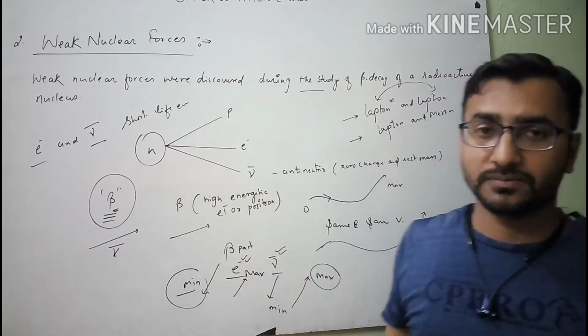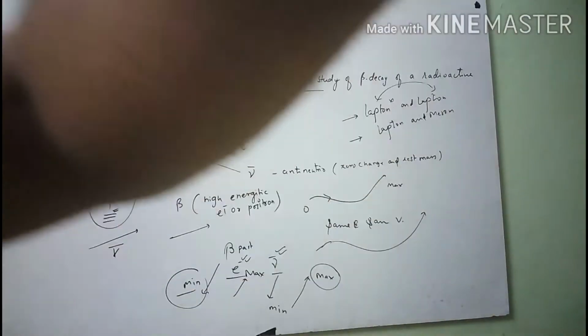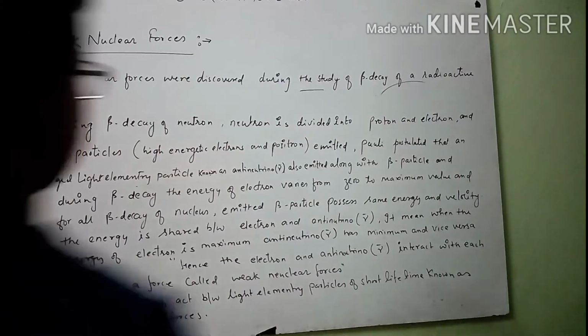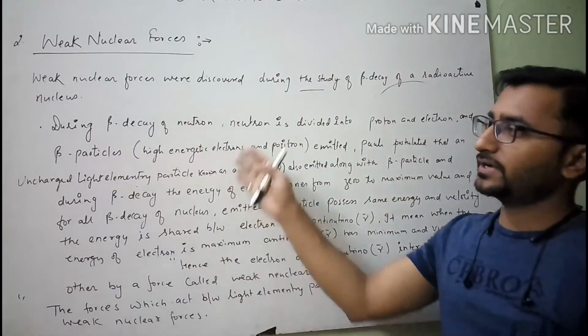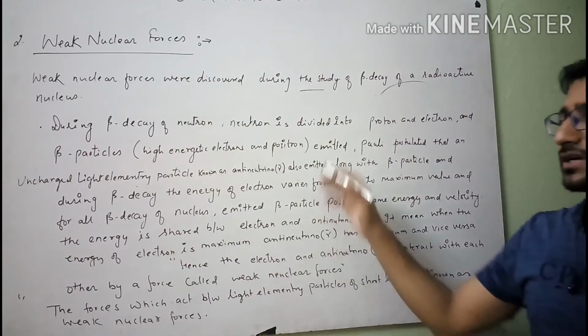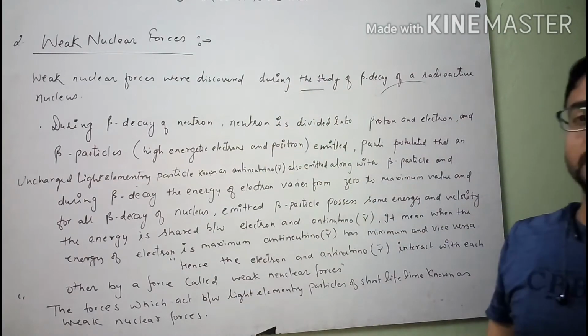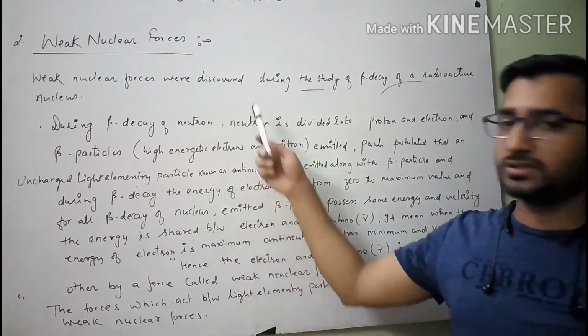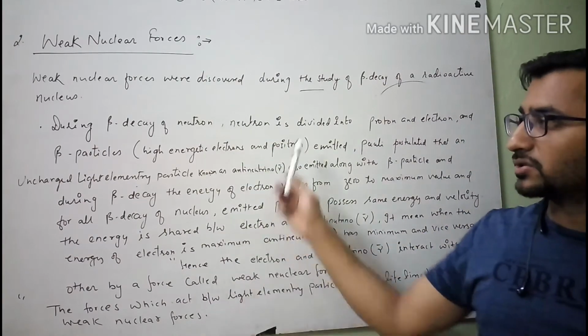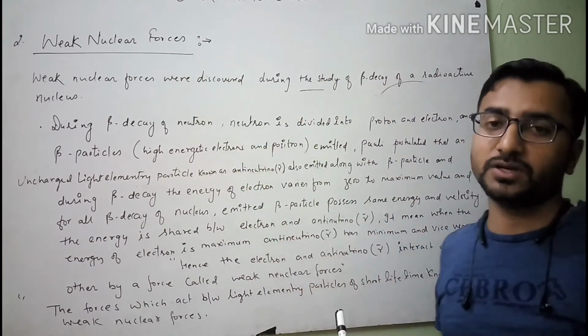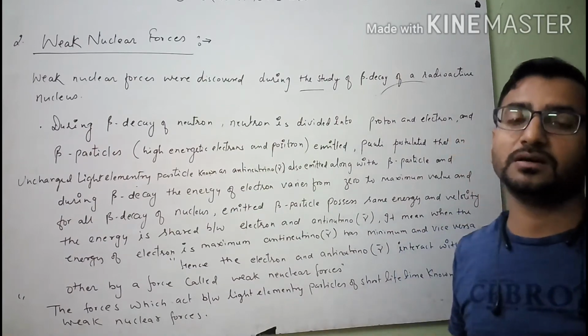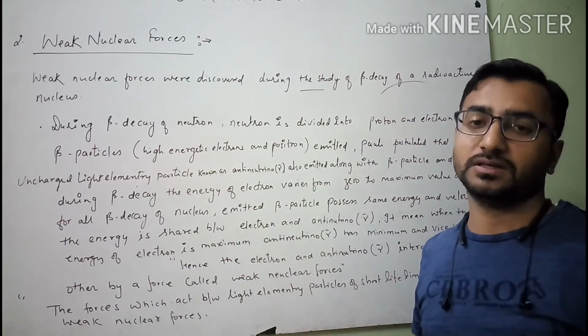So see here. Student, I have written the statement to save our time and data about the weak nuclear forces as I discussed. Once again I repeat it. Weak nuclear forces come into play during the study of beta decay of the nucleus. Clear?